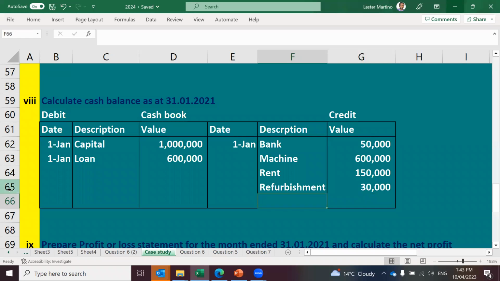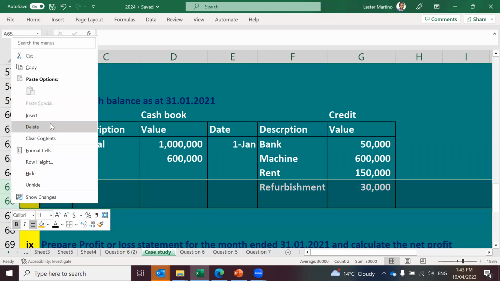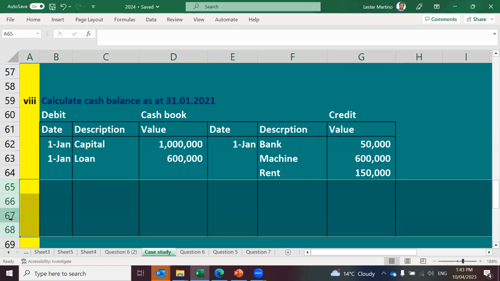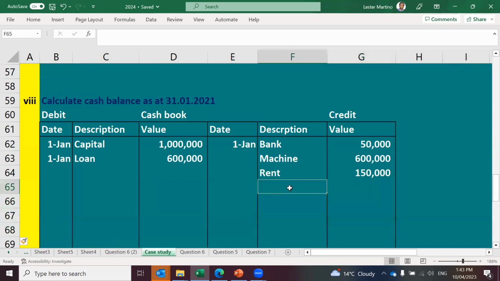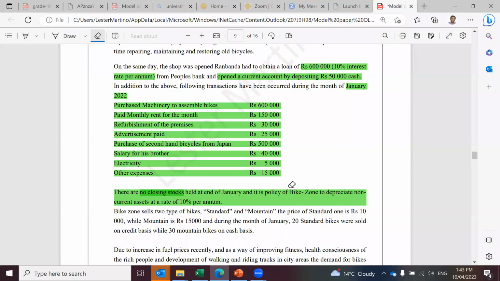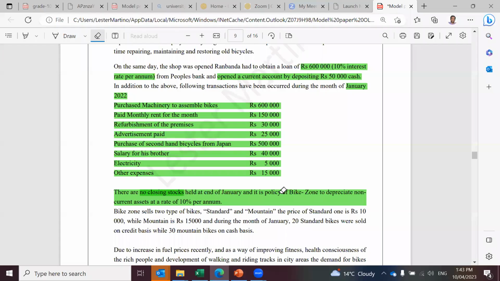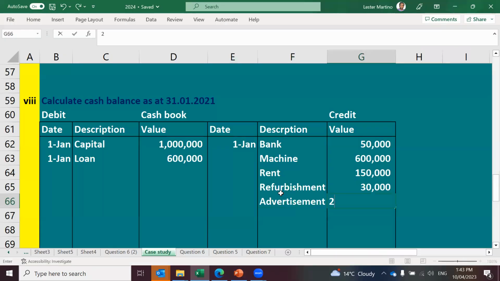So more transactions, just give me a minute. Advertisement 25,000.